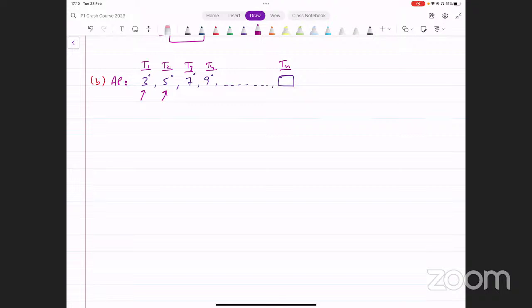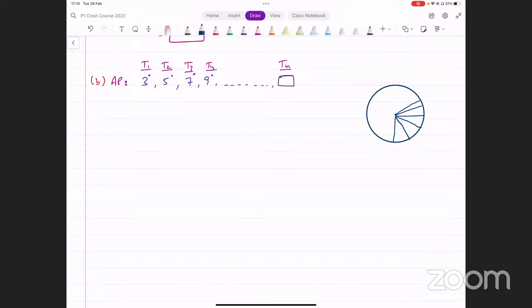So we have 3, 5, 7, 9, and so on. It's a circle, right? So it's a full circle. You're dividing a full circle in sectors like this. So there's one sector like this. There's another sector that's slightly bigger. Then there's another that's slightly bigger than that. There's another that's even bigger, and so on. What's the total of all of these angles?